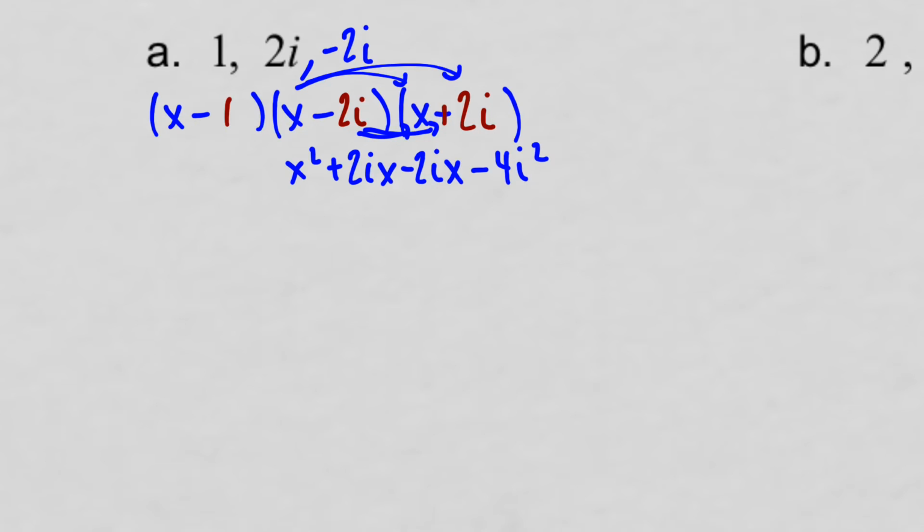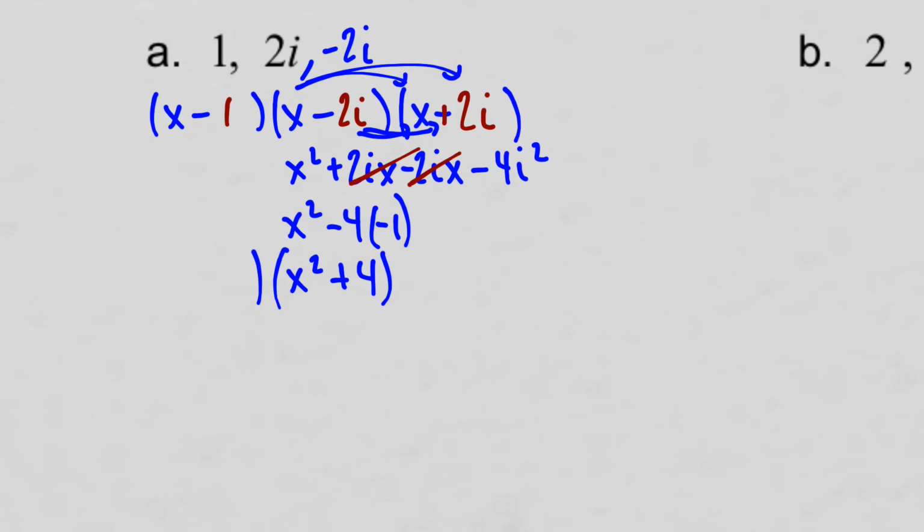We're going to simplify that. That's just x squared. The -2ix and the +2ix cancel. And -4i squared is going to be -4. i squared is just -1, so it's -4 times -1. So then that final part is x squared plus 4.